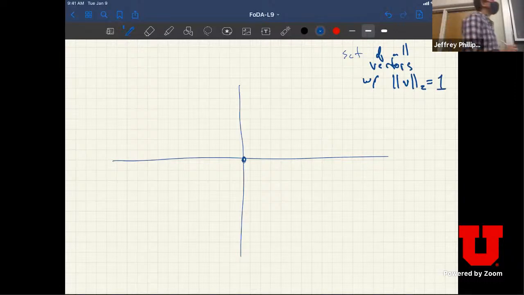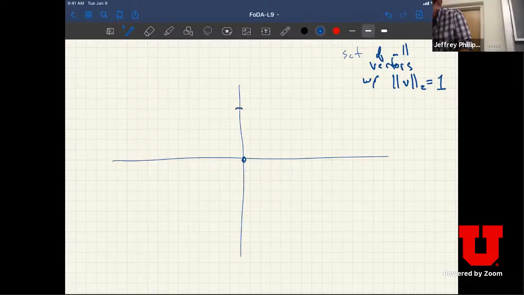All the vectors on this 2-dimensional plane with 2 norm length of 1. If I took a piece of string and the string was length 1, that had to be the length of the vector. So I can bolt one end of the string here and swing it around like this, and that's going to give me a nice circle here.